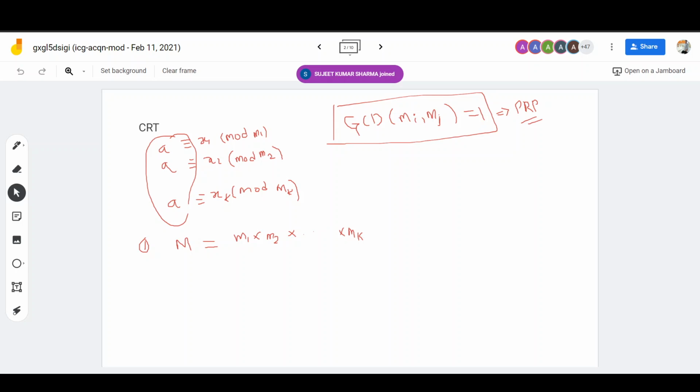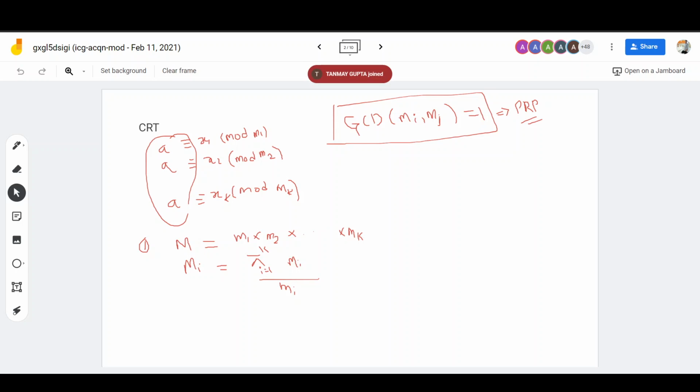Then in the first step only, we have to find capital M1, M2, M3, and so on. How will we find capital Mi? Product from i equal to 1 to k of mi divided by small mi. Likewise, you need to calculate for each and every mi value.